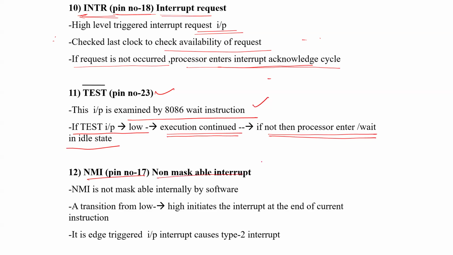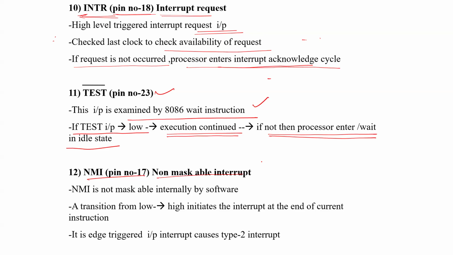Next, NMI, pin number 17, non-maskable interrupt. There are two types of interrupts: one is maskable interrupt and one is non-maskable interrupt. What is maskable interrupt? Maskable interrupt means the microprocessor is able to rectify or clarify the interrupt itself.